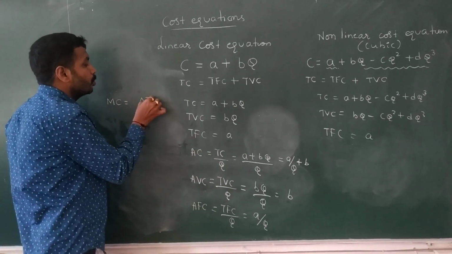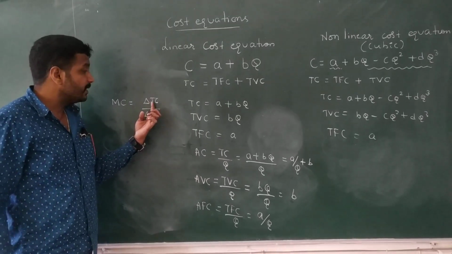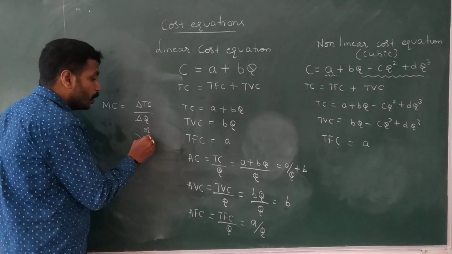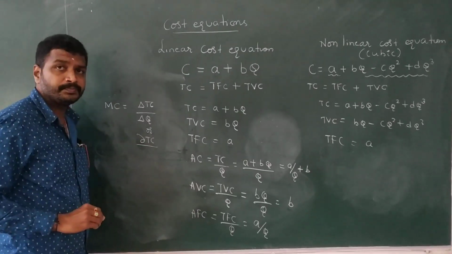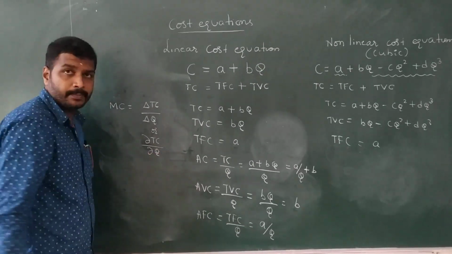The last concept is MC, which is nothing but change in total cost due to change in output. This can also be represented as derivative of total cost function with respect to output.